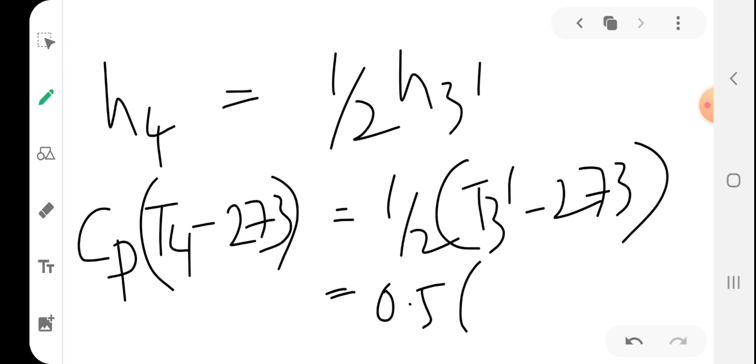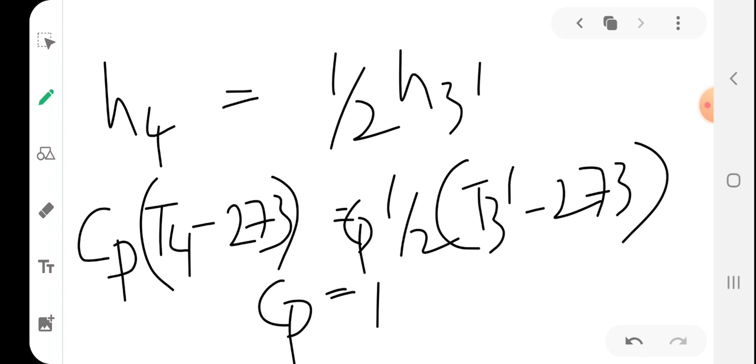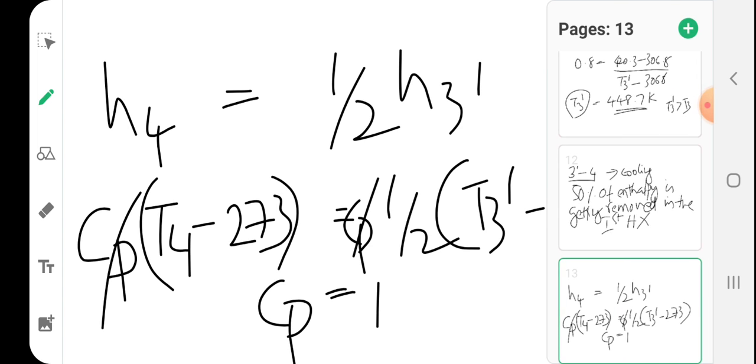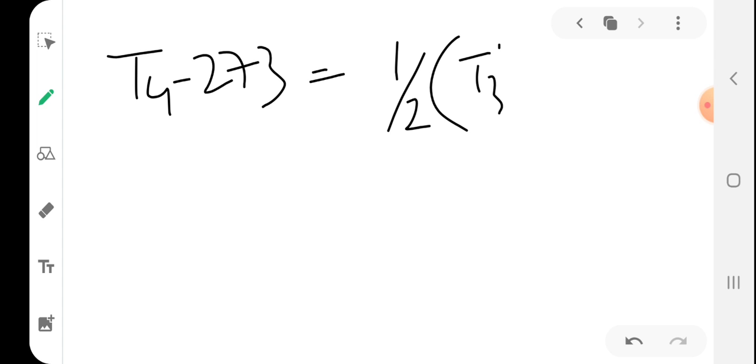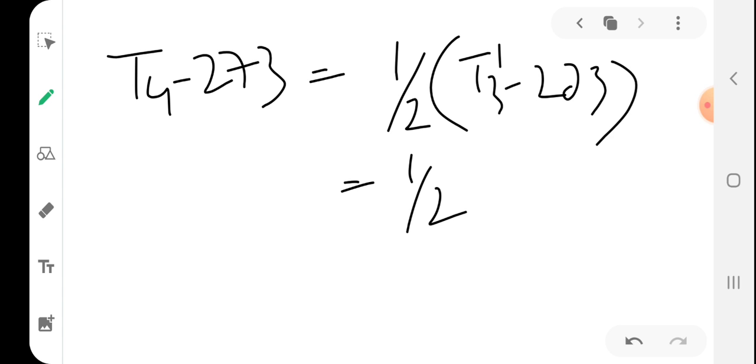T3 dash is how much? Here Cp is there on both sides, and Cp is given as 1, so Cp and Cp cancel. Don't worry. So T4 minus 273 Kelvin will be equal to half of T3 dash minus 273 Kelvin, and T3 dash minus 273 will be around 175.